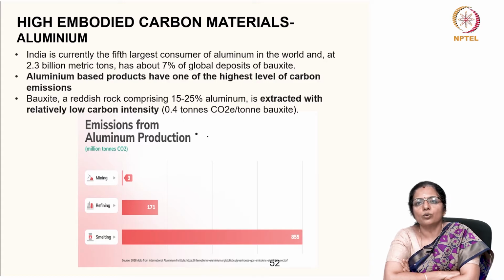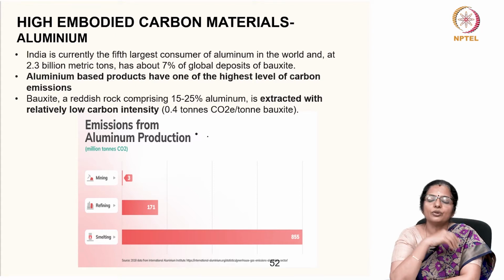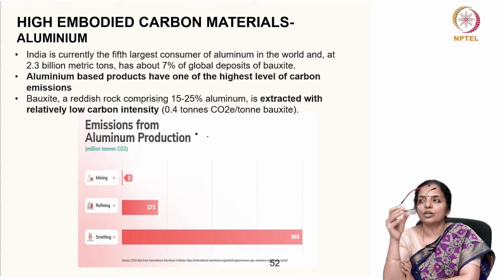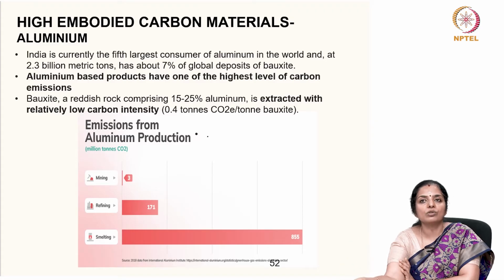Refining bauxite into alumina is moderately carbon intense and usually occurs in coastal refineries. But you should understand the impact of coastal refineries on coastal life. The Bayer process, operating at 150 to 200 degrees centigrade, contributes to these emissions.